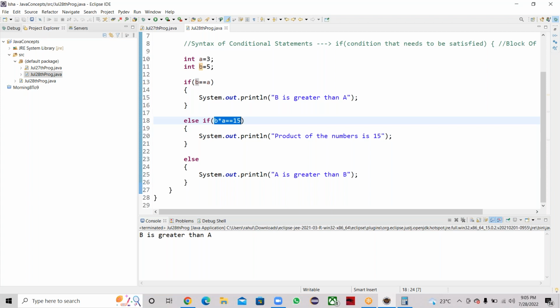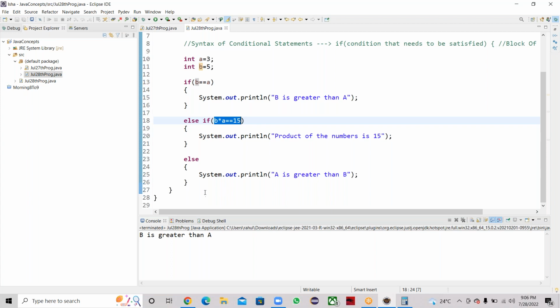Is it satisfying or not? Satisfying. Understood. Product of numbers is 15. Any doubts? No. Clear.